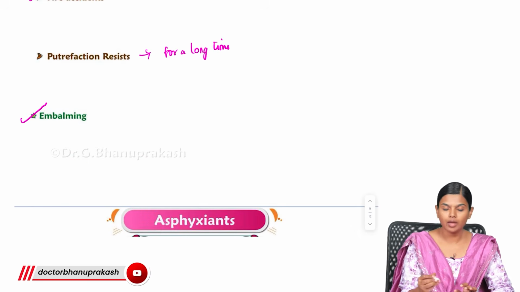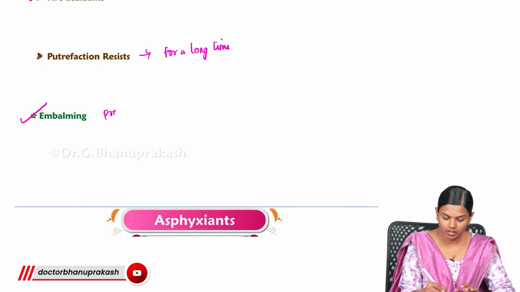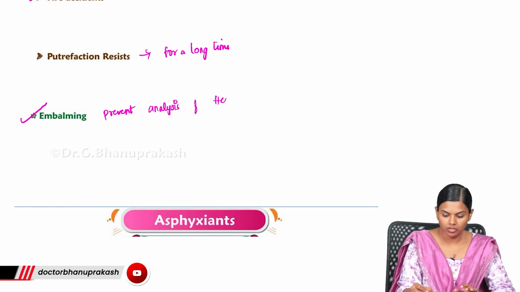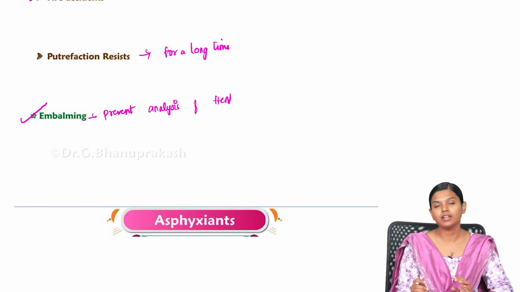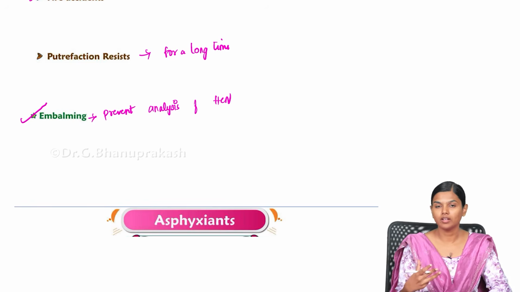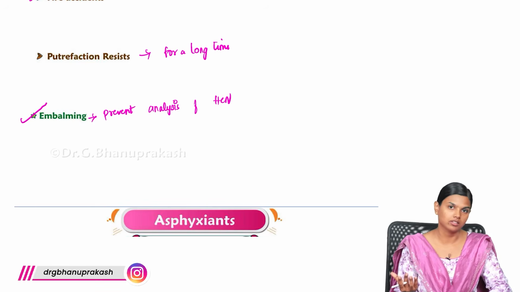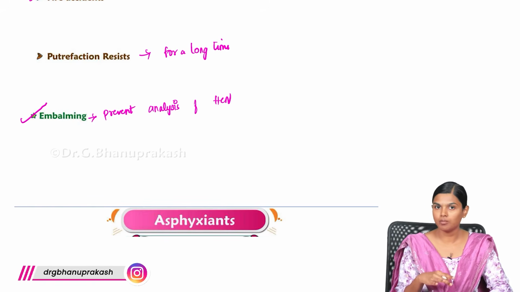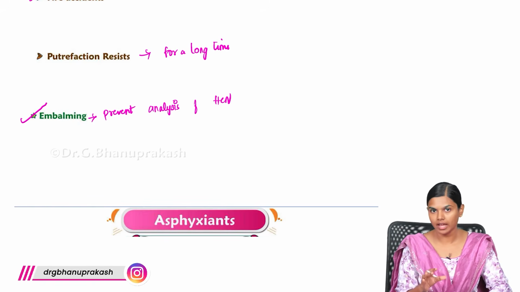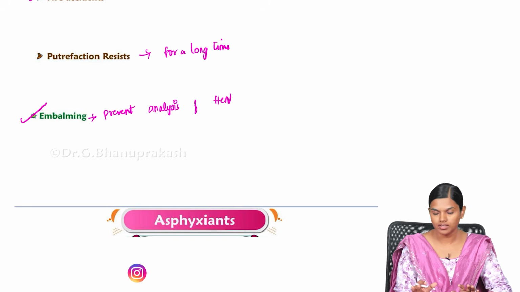And if embalming is done, this will prevent the analysis of cyanide. So, you will not be able to find cyanide if embalming has already been done. Before embalming, you have to take the sample for analysis. If you take the sample after embalming, you will not be able to detect any cyanide in it. So, this is the medico-legal importance of cyanide.